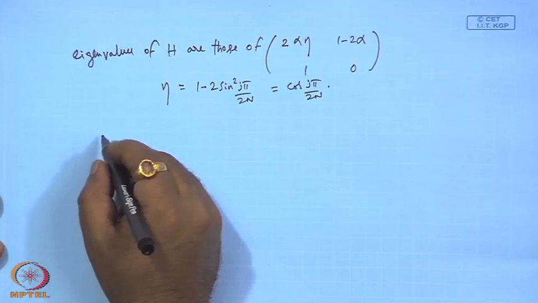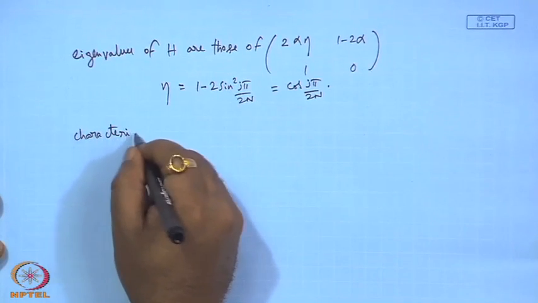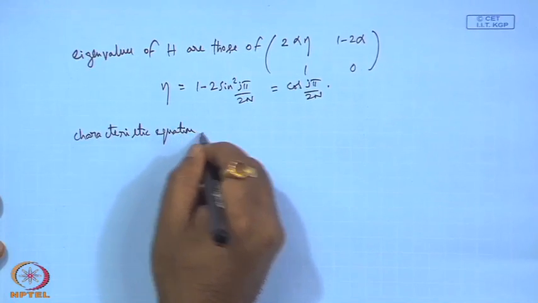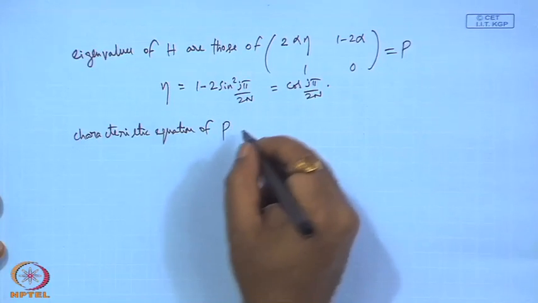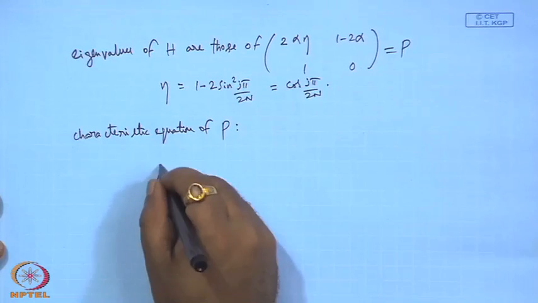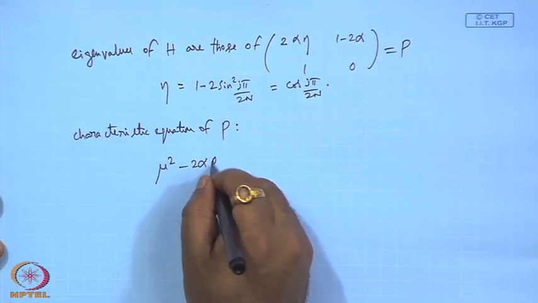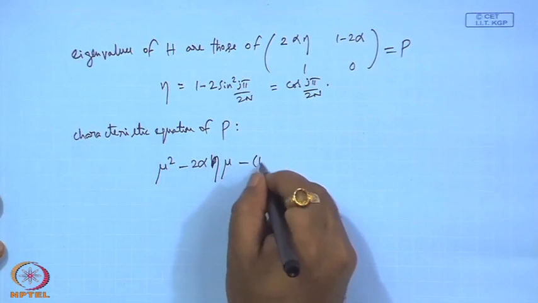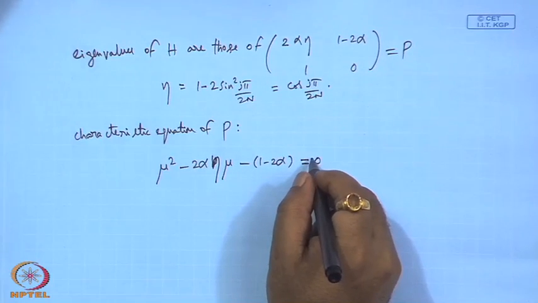So, the characteristic equation of this P matrix, P of eta mu equals 0.